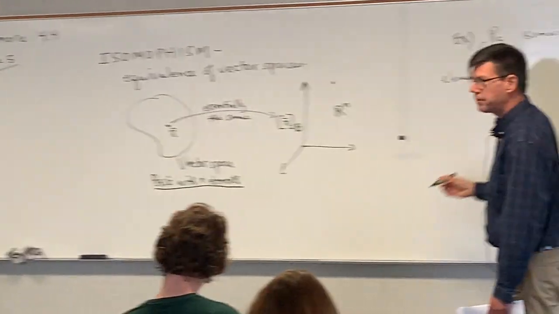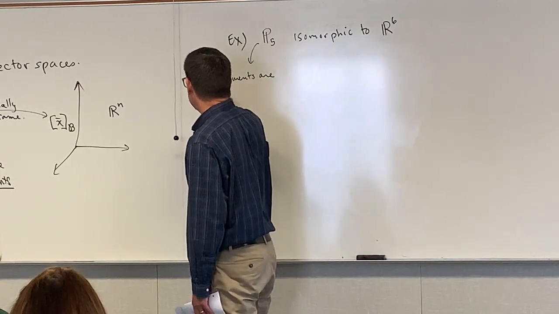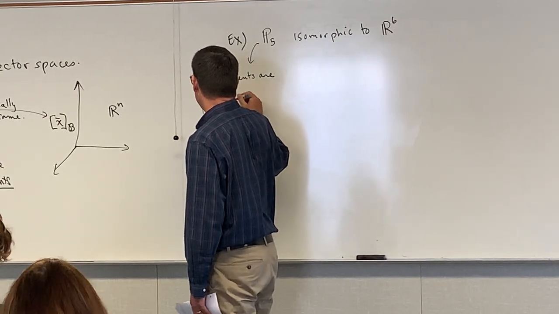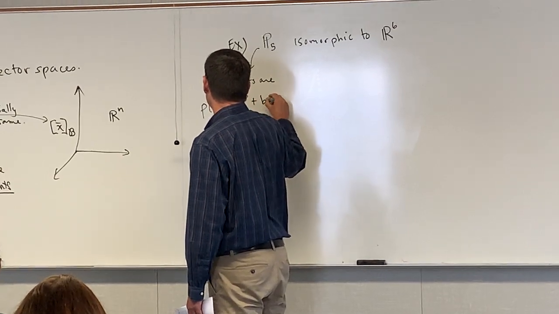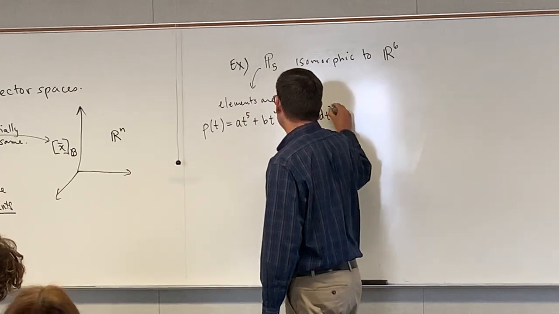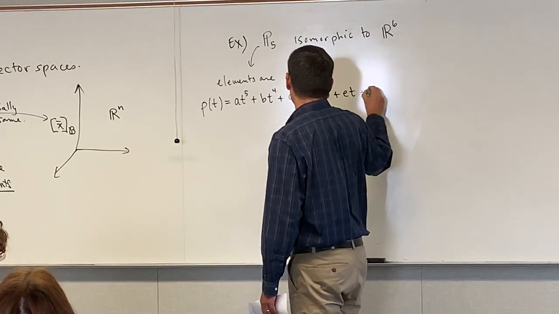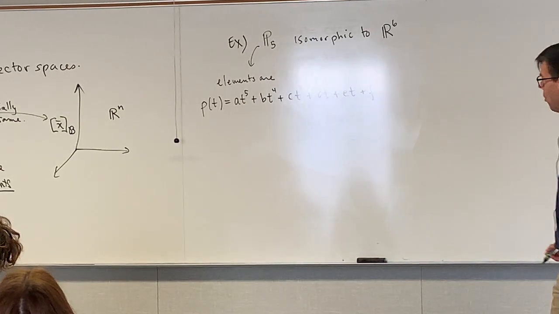They're polynomials of degree 5 or less. Why did I pick 5? So it's p of t like a t to the 5th plus b t to the 4th plus c t cubed plus d t squared plus e t plus f, just a polynomial of degree 5 or less.